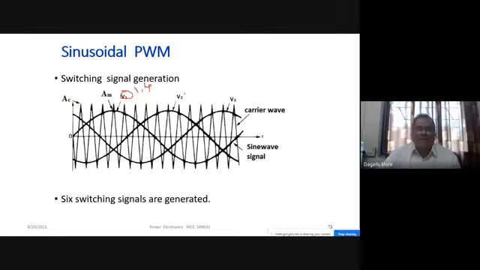If you make a comparison of V2, then we get a switching signal for S3 and S6. And if V3 is compared with our carrier wave, then we get a switching signal for S5 and S2. Okay, and we have shown it here. This is how we are generating the switching signal.